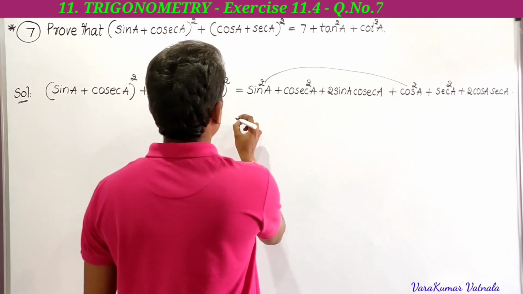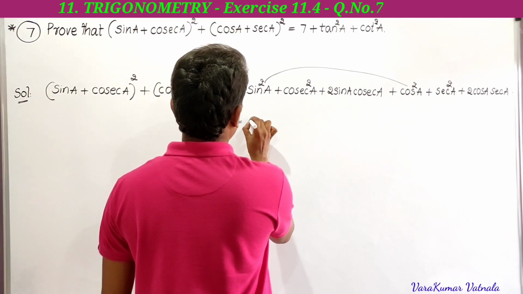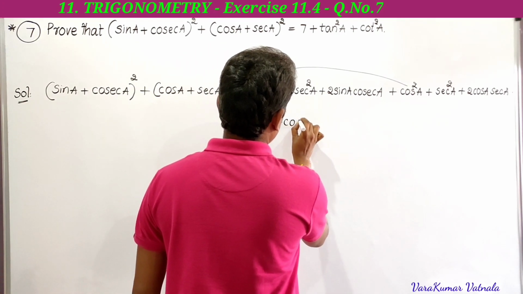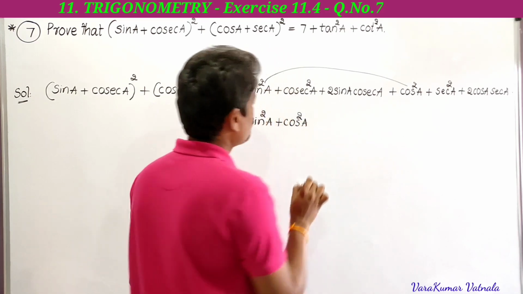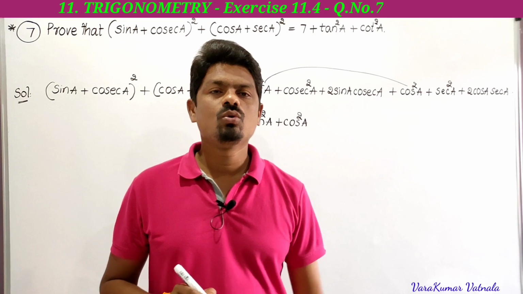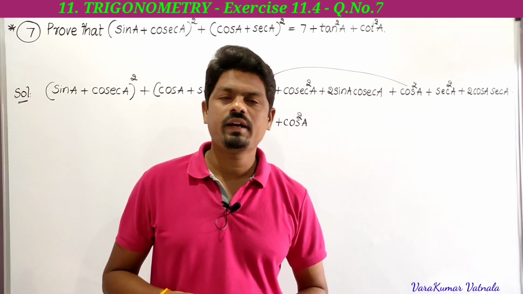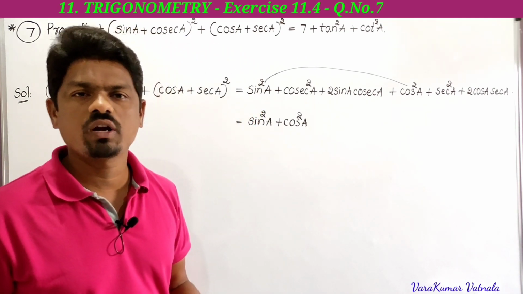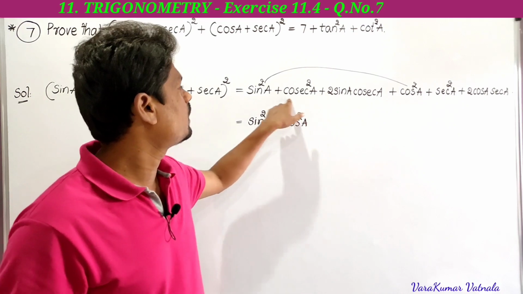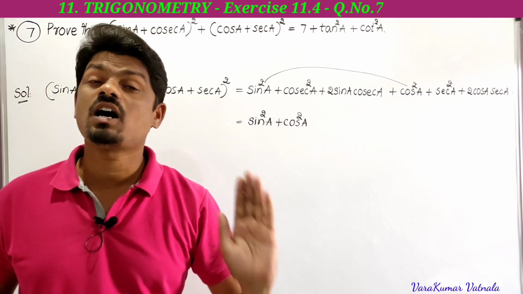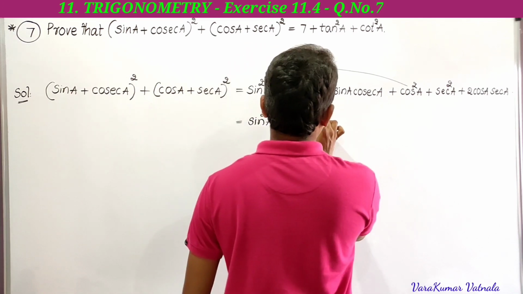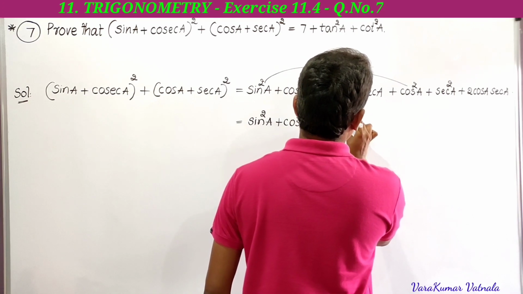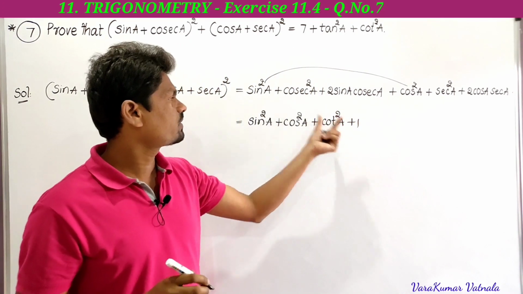See here what we get: sin square A plus cos square A, and we have cosec square A. So using the third trigonometric identity, cot square A plus 1 equal to cosec square A, instead of cosec square A I am writing cot square A plus 1. I have written cot square A plus 1.